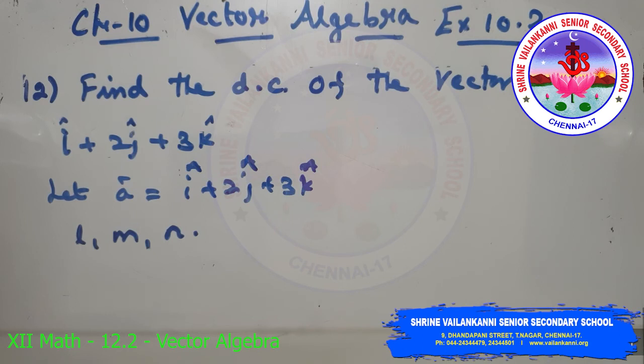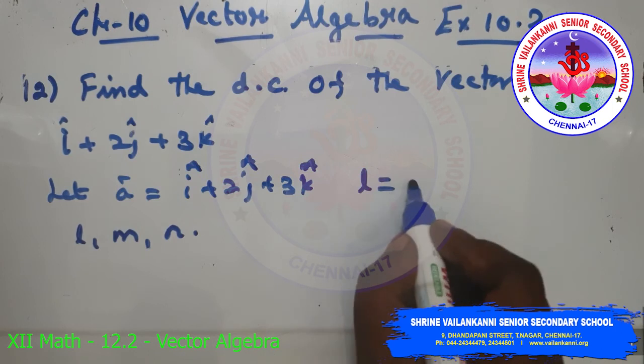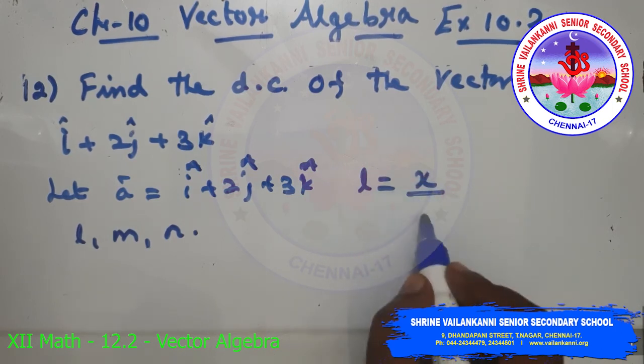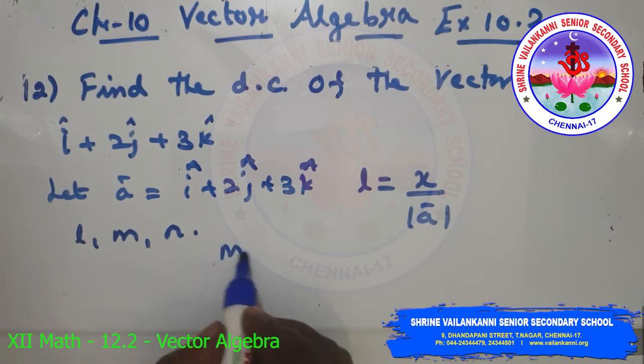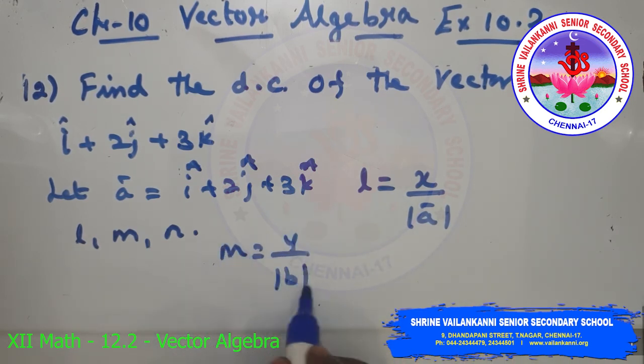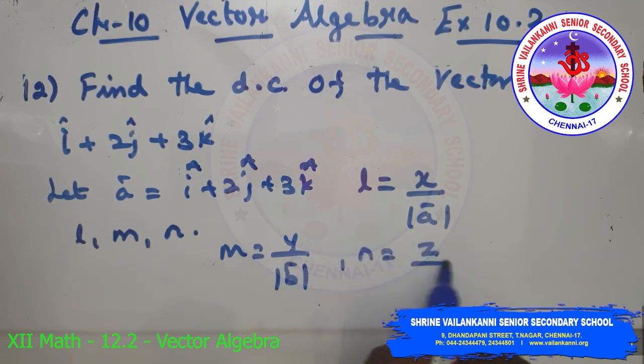12th question, find the DCs of the vector i plus 2j plus 3k. Let a equal to i plus 2j plus 3k be the given vector. So we have to find l, m, n, which are the DCs of the vector. So l equal to x by magnitude of a, m is y by magnitude of a, and n is z by magnitude of a.